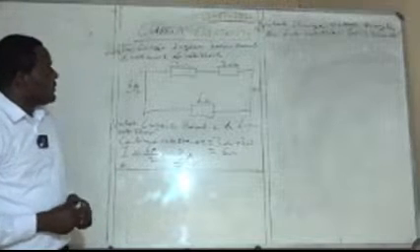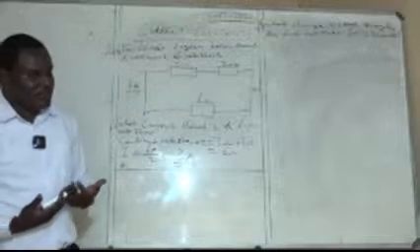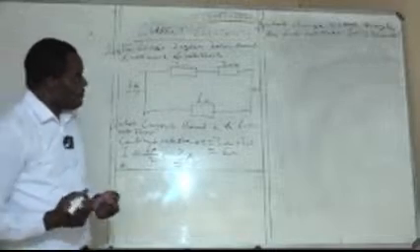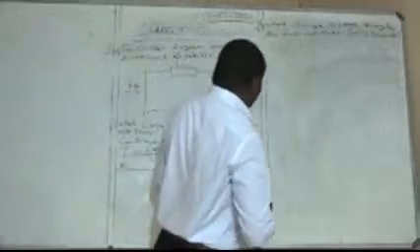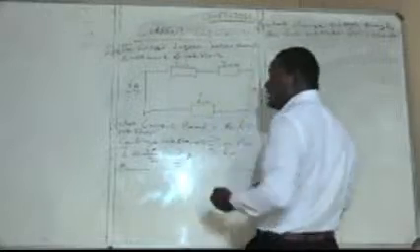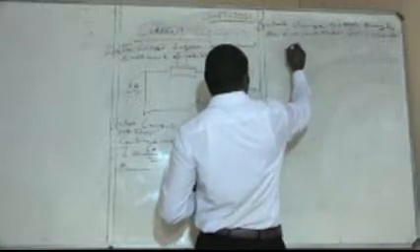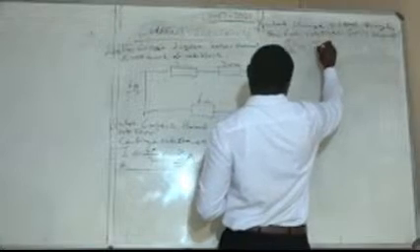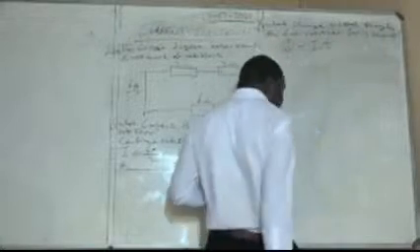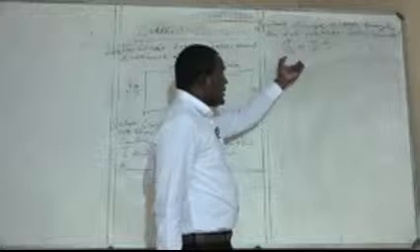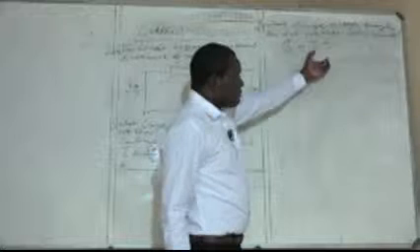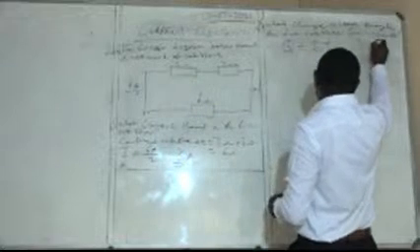Now here they are trying to find charge, which is abbreviated as capital Q. We know that charge is equal to current multiplied by time. So let's come up with our data. What is our current?